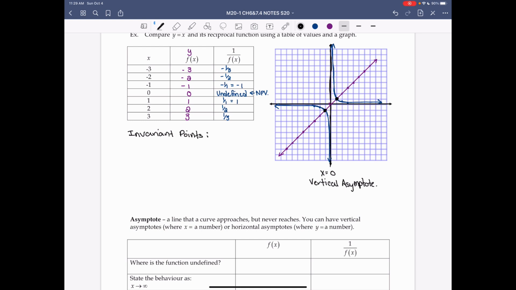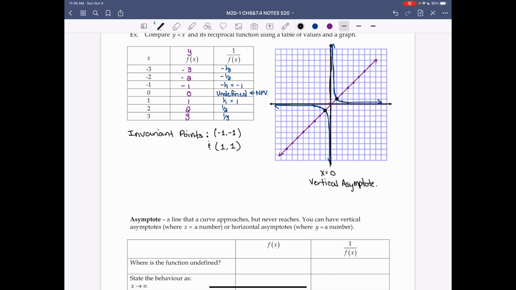Any points where the point is the same on the original function and on the reciprocal function is called an invariant point. And those occur here when x equals -1 and y equals -1, and when x equals 1 and y equals 1.